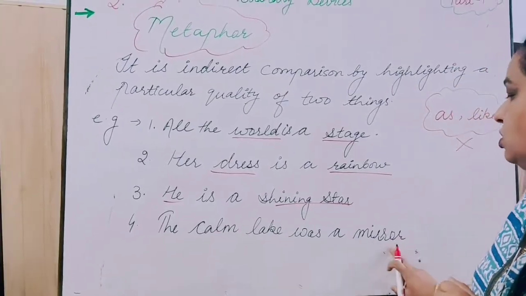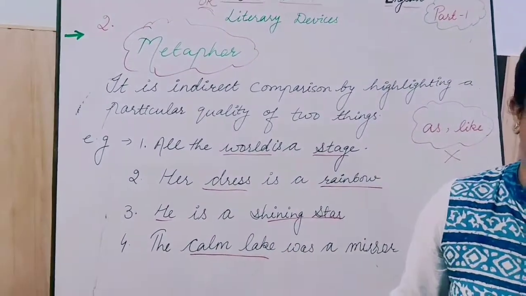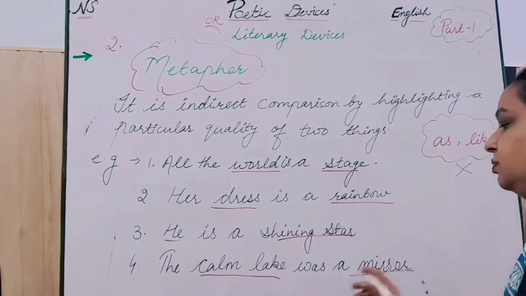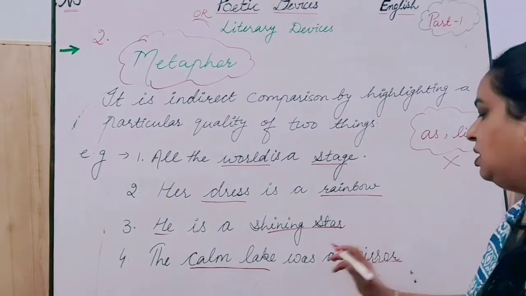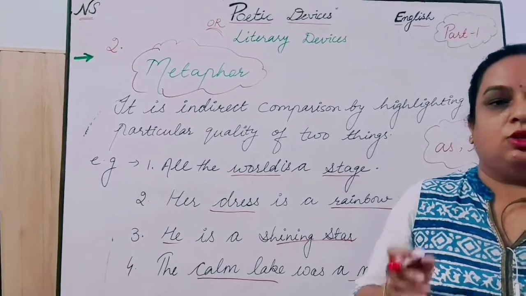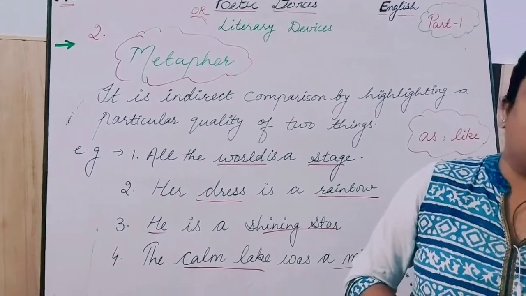The calm lake was a mirror means the calm lake was looking like a mirror. I have not used like here, but I have directly written the calm lake was a mirror. So mirror and calm lake are being compared here. This kind of poetic device is known as metaphor.